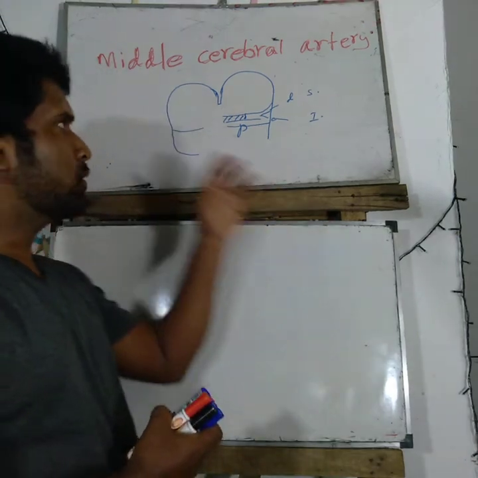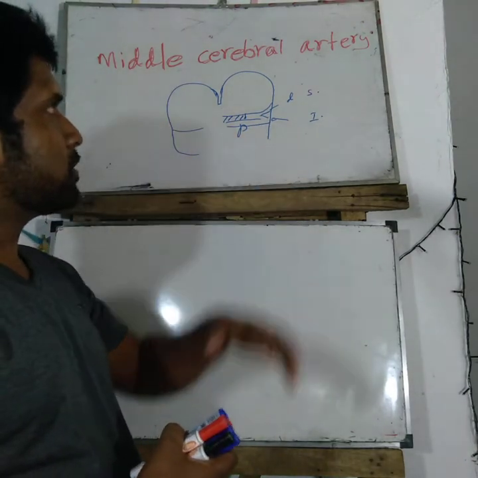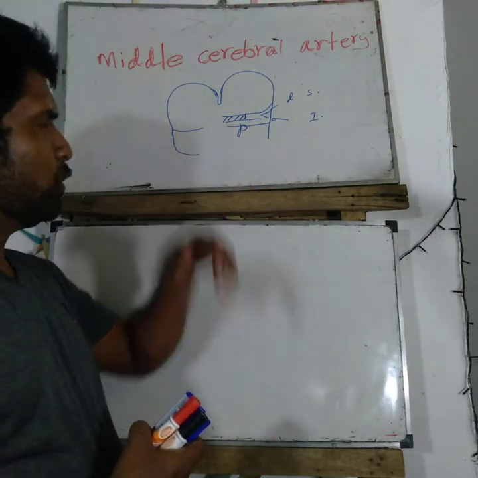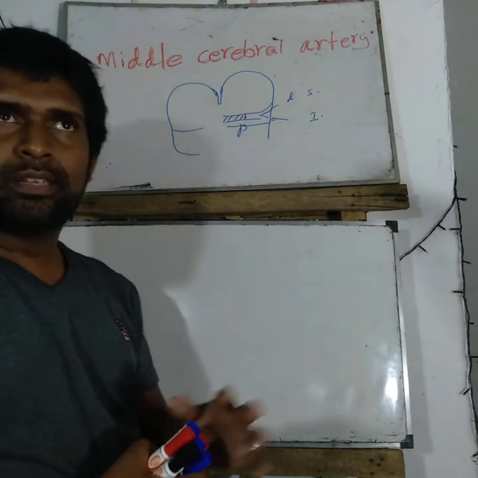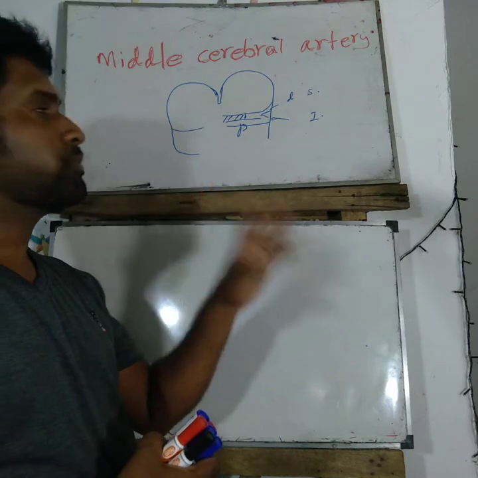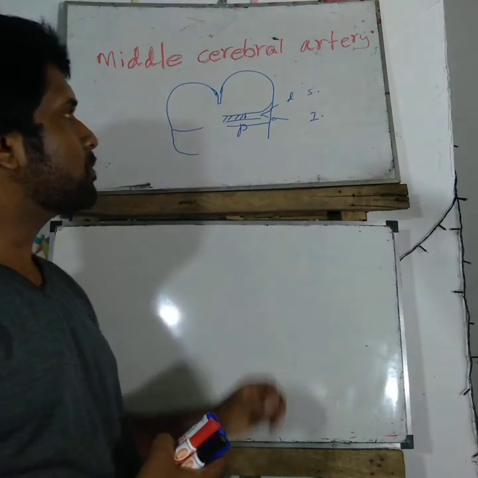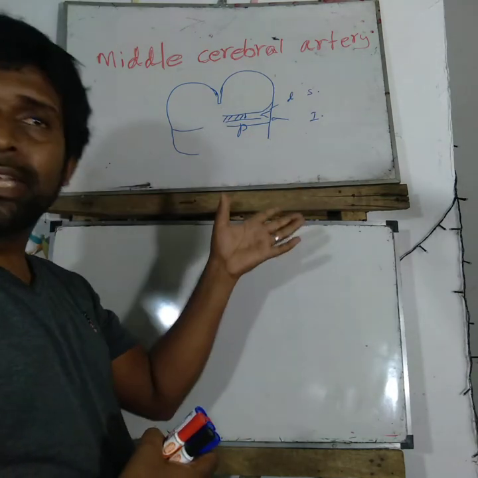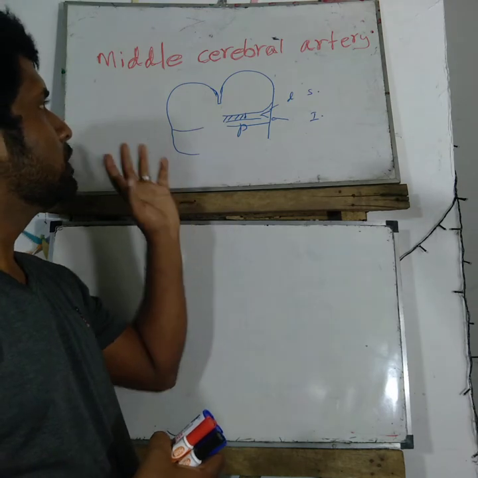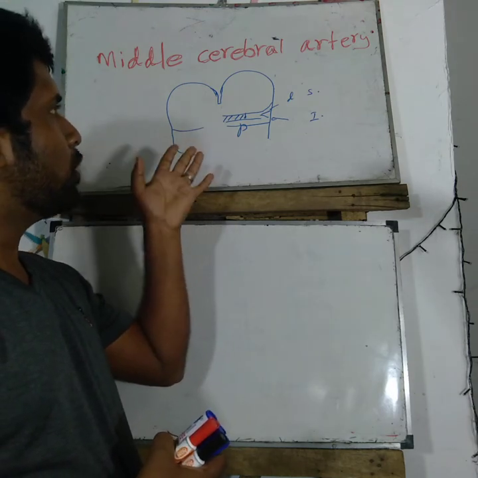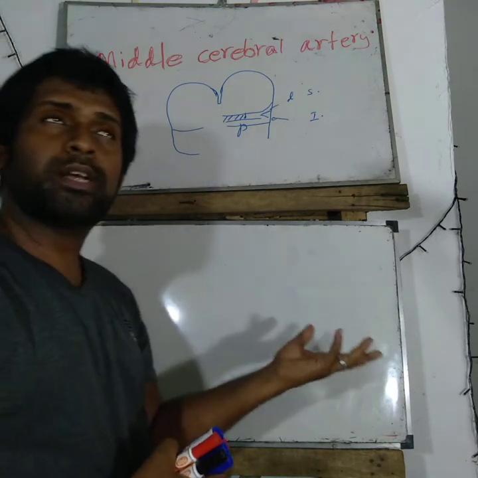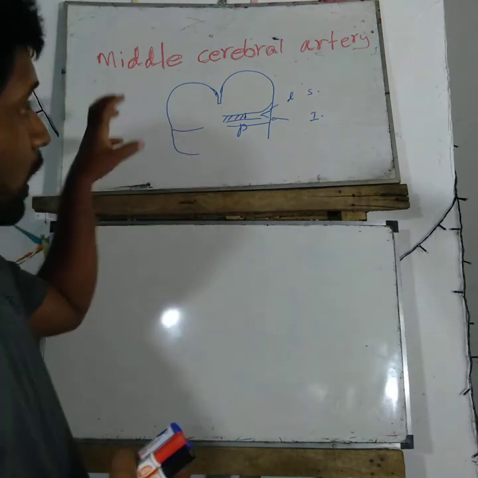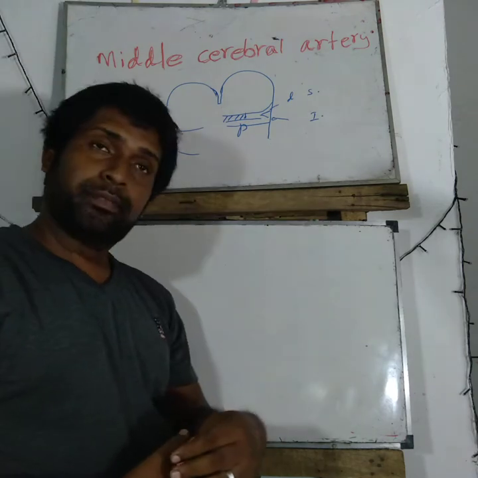Why do we discuss this middle cerebral artery today also? Due to damage of this middle cerebral artery, some form of hemorrhage, ischemic stroke, some form of pathology or trauma and tumor, the arterial problem inside the brain.